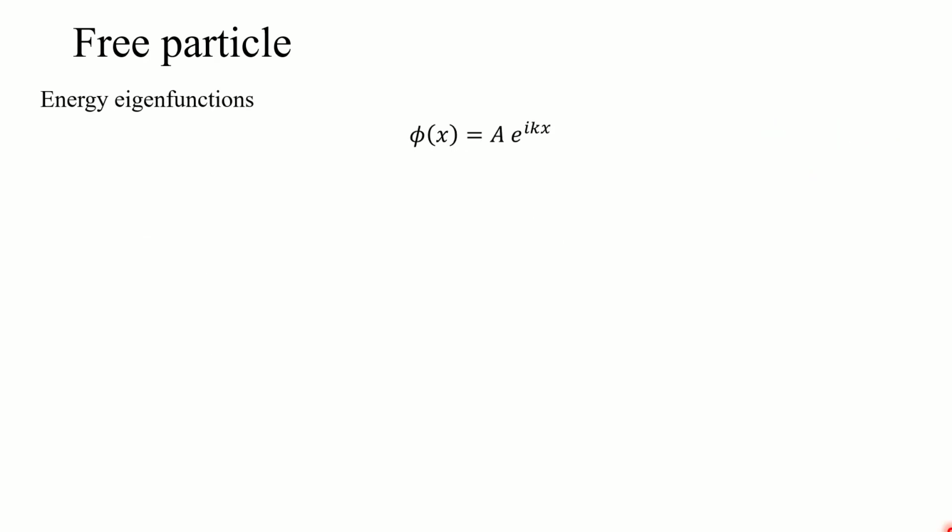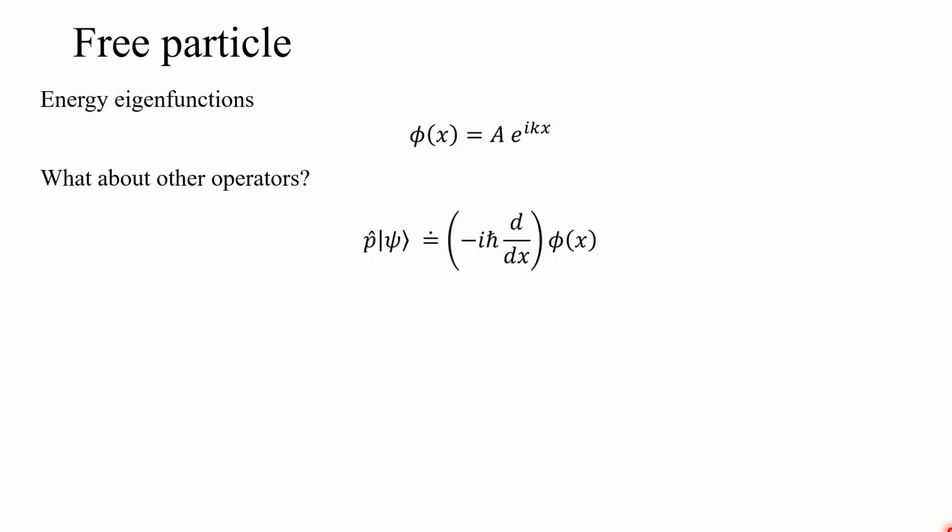So now let's look at some other operators. Our energy eigenfunctions are equal to a e to the ikx, where k can be positive or negative. What about the momentum operator operating on that energy eigenfunction? You'll see why we're interested in this in a minute. In the position representation we're using, the momentum operator is just negative i h bar times the derivative with respect to position.